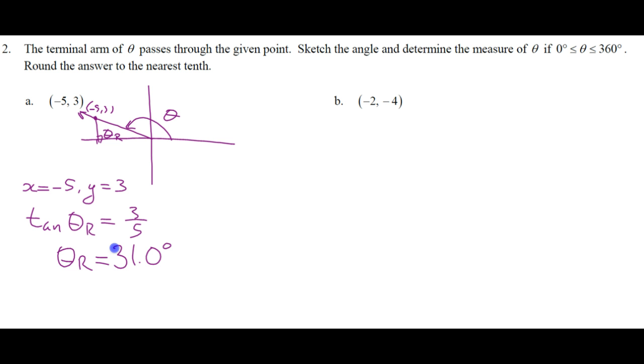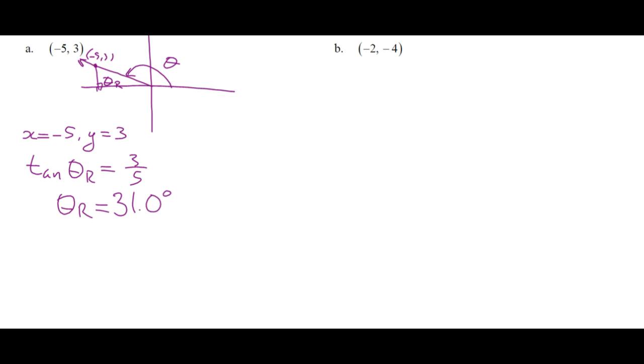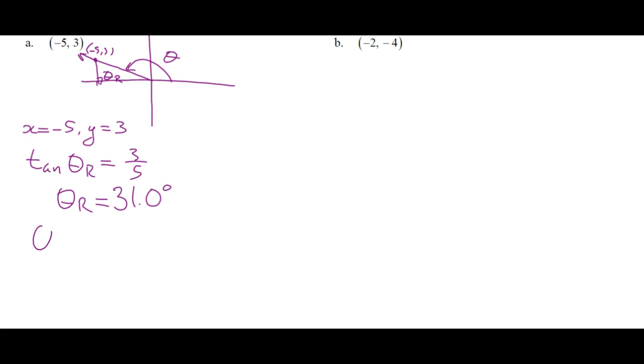What's our actual angle? Theta is 180 degrees minus 31.0 degrees, which is 149 degrees.